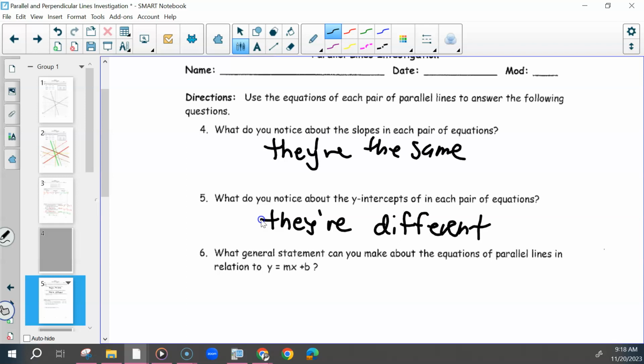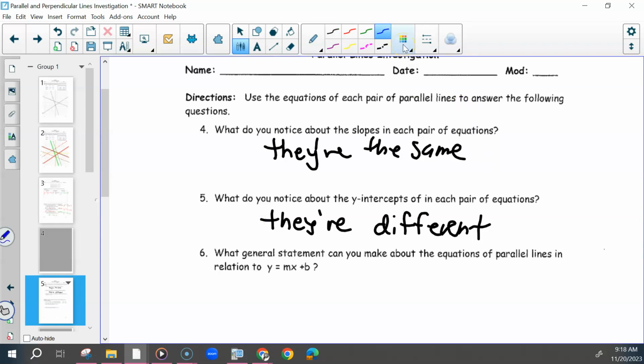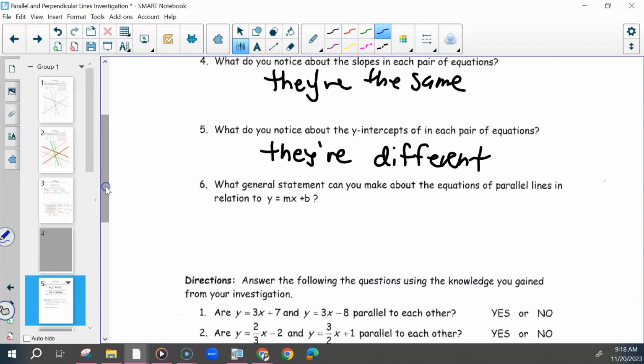So our general statement would be just a combination of these two. For parallel lines, the slopes have to be the same, the y-intercepts have to be different. If you wrote way more than that, just simplify it.